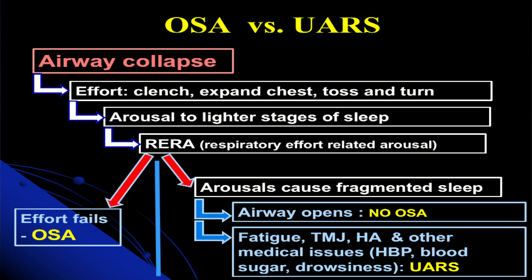But the symptoms are fatigue, they have TMJ problems, they have headaches, especially in the morning. They have other medical issues such as high blood pressure, blood sugar problems, drowsiness. We can now add cancer to this. T-cell mediated cancers are affected by disturbances in fragmented sleep and intermittent hypoxia. So that's the difference in how we titrate our appliances.